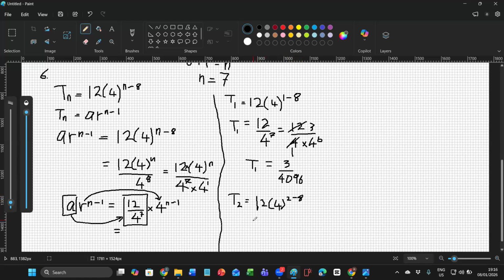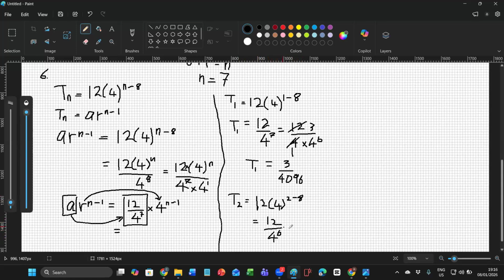Yes, 2 minus 8 is minus 6, right? That would be 12 over 4 raised to power 6.